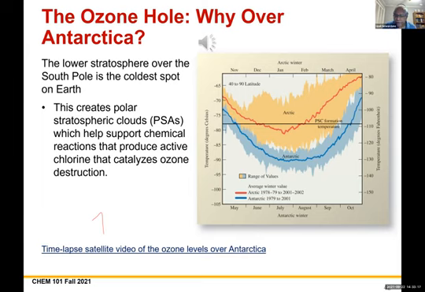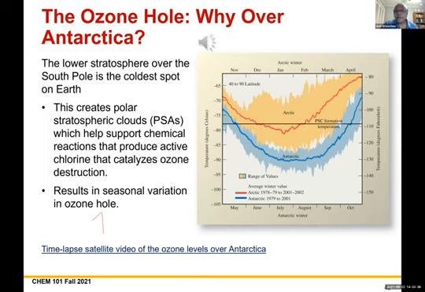Therefore, the Antarctic region is more severely affected by ozone destruction through chlorine than other regions of the atmosphere. This results in a seasonal variation in the ozone hole.